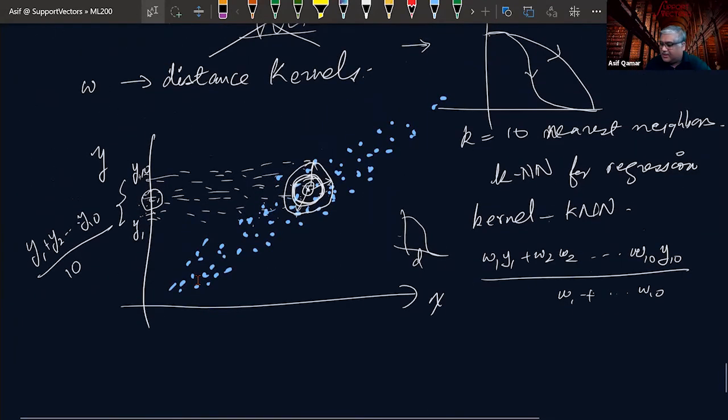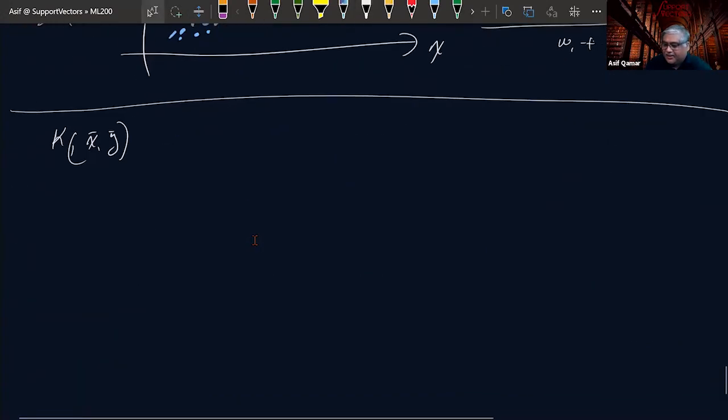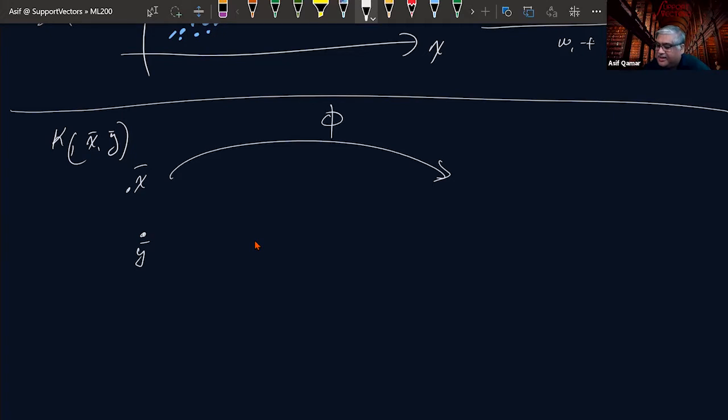The classic definition of a kernel of a vector x and y is, first, you take the points x and y, and you take them to some higher dimensional space, not necessarily higher dimensional. People often say that the space is infinite dimensional because they always think of radial basis functions.